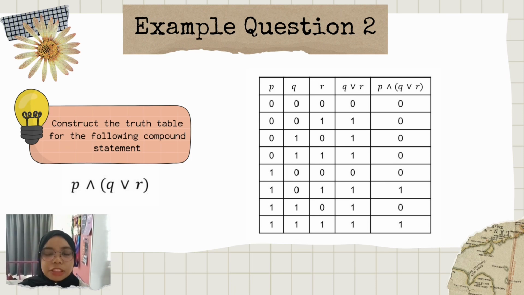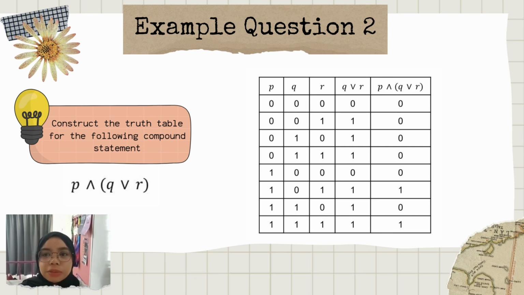After we list down all the possible truth values for the 3 variables, we will construct the statement Q or R first and list down all the possible truth values. If both are false, then Q or R is false, otherwise it is true.